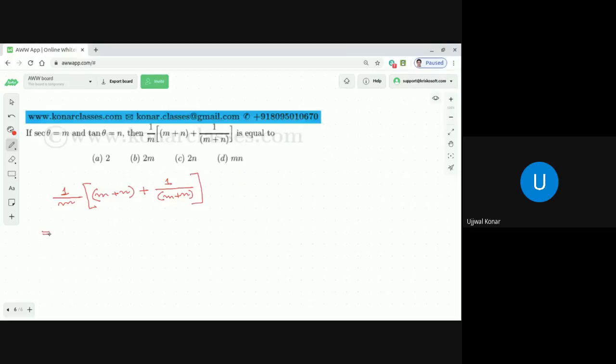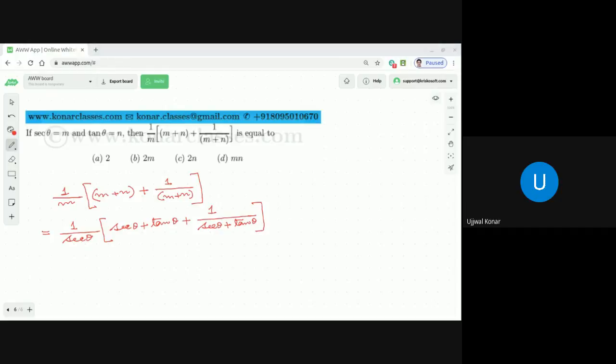So that is equal to 1 by sec theta. m is equal to sec theta, no? According to the question, m equal to sec theta and n equal to tan theta. So we get 1 by sec theta into sec theta plus tan theta, plus 1 by sec theta plus tan theta.